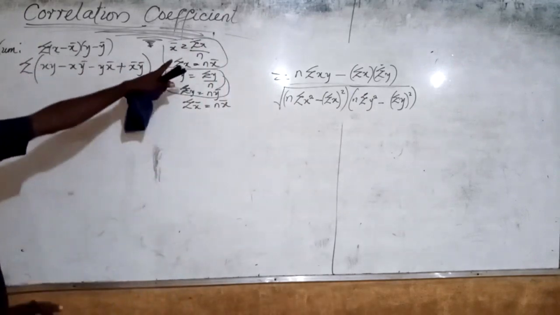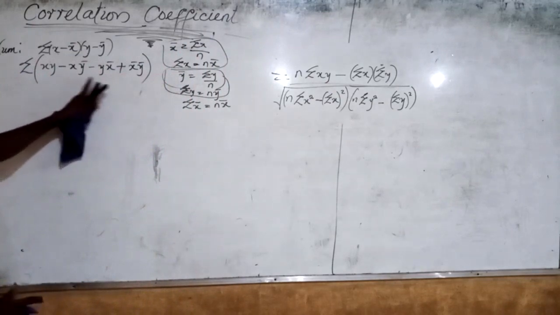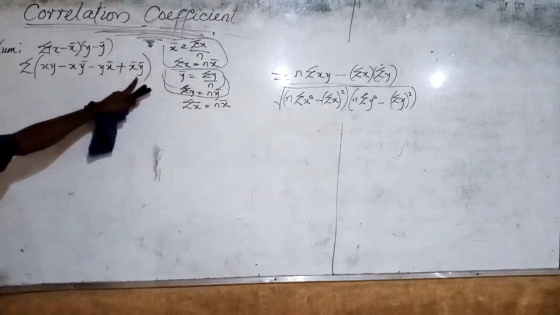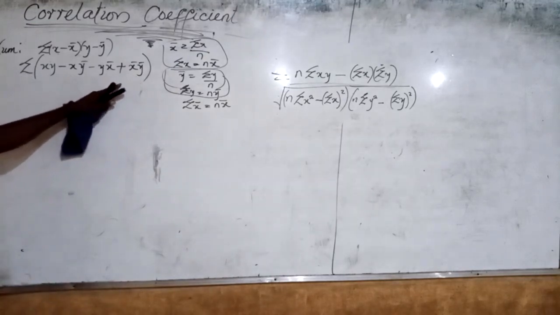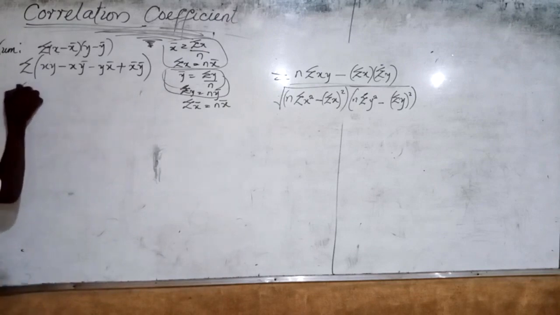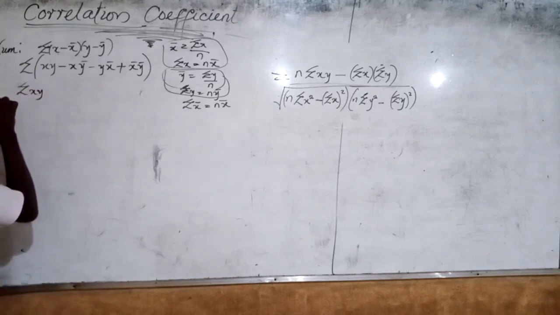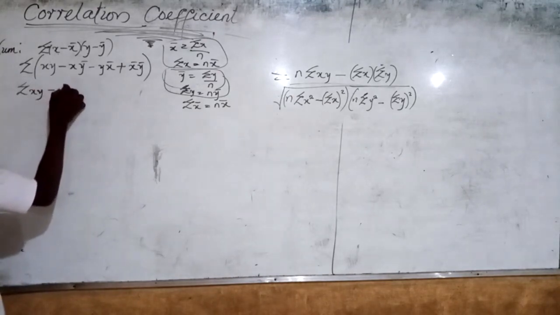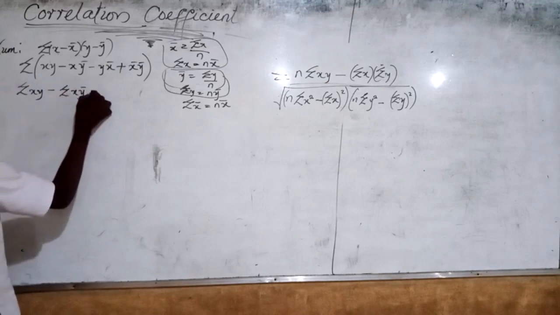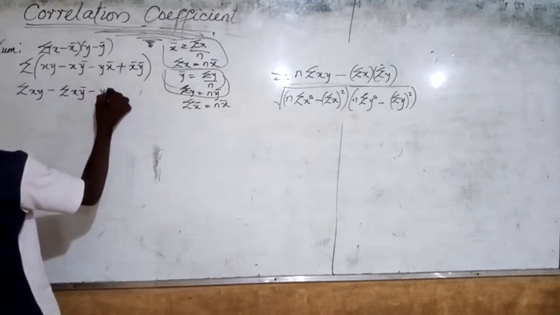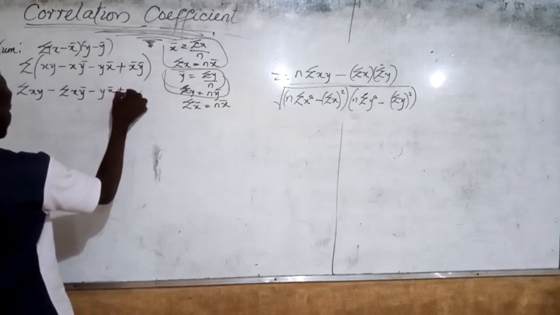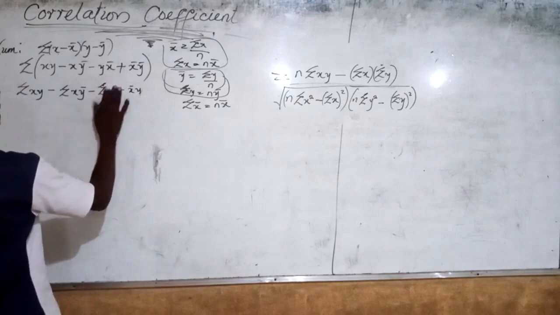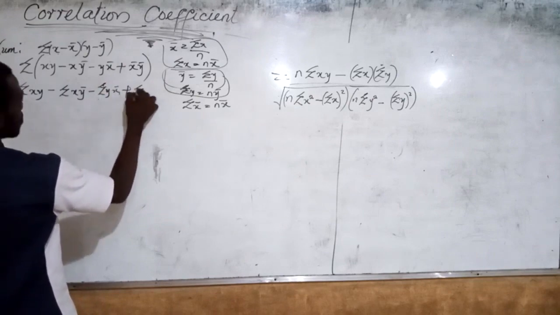Having established this, we can further express this by distributing the summation for every term in the brackets. So we have summation of xy, minus summation of x y bar, minus y x bar, plus summation of x bar y bar.